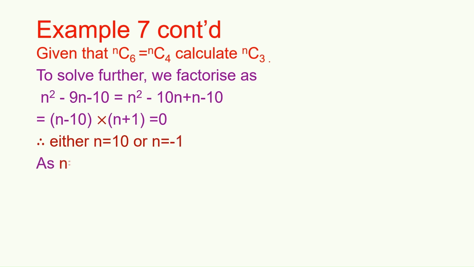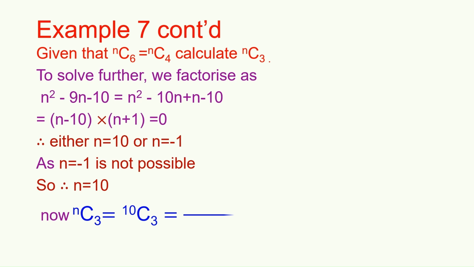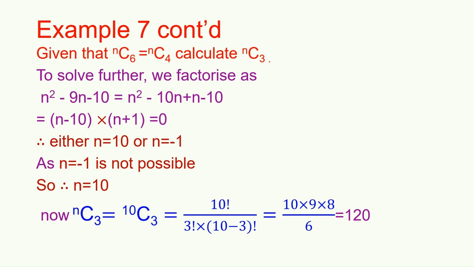Therefore either n equals 10 or n equals minus 1. As n equals minus 1 is not possible, n equals 10. Now nC3 or 10C3 equals factorial 10 divided by factorial 3 times factorial 10 minus 3, which equals 120.